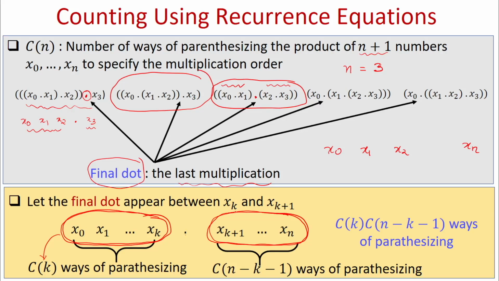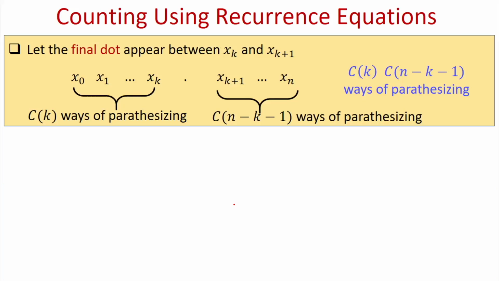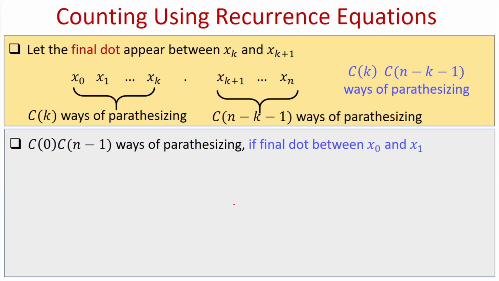But now my k could be anything, right? k ranges from 0 to n. More specifically, if my final dot is between x0 and x1, that means I am taking the case where the remaining values are x1, x2, up to x of n.